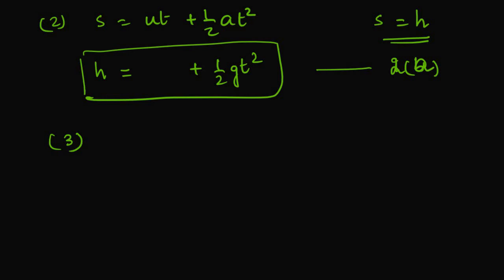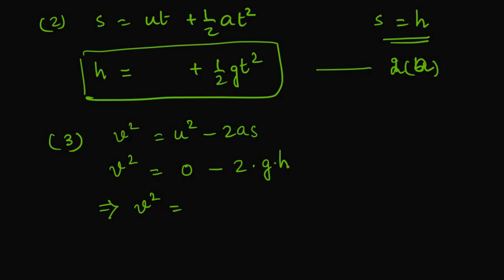Now the third equation is v square equals u square minus 2as. As we are talking about an object at rest, having free fall, and s equal to h, v square will be, u square will be 0, minus 2 into g into h, implies v square equals minus 2gh, isn't it? And I am keeping the minus here because it is having downward motion.